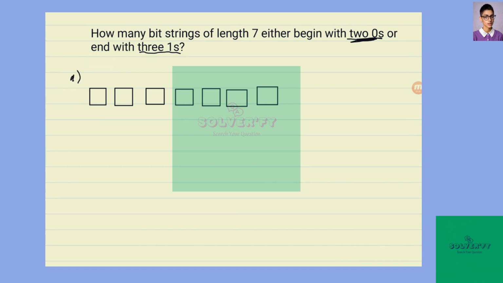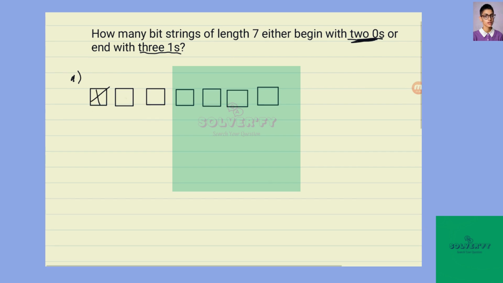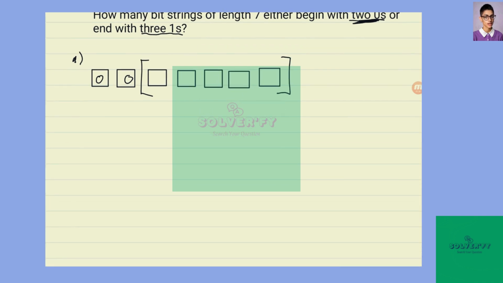So if we know that we're beginning with 2 zeros, then I suppose we have a 0 and a 0 in there. We actually are just figuring out how many bit strings of length 5 there are. We already have the first 2 filled in. It's just that we need to figure out what will go into the remaining 5.